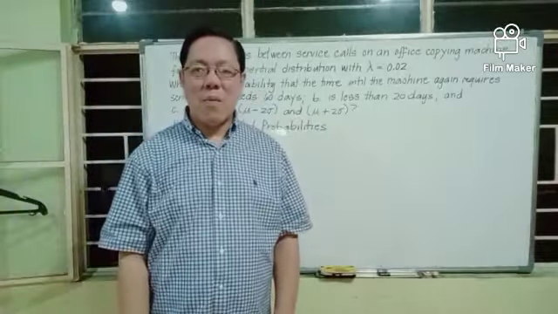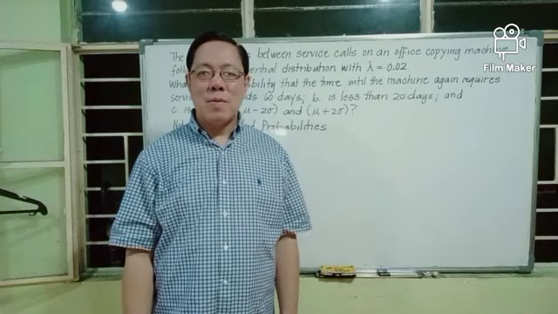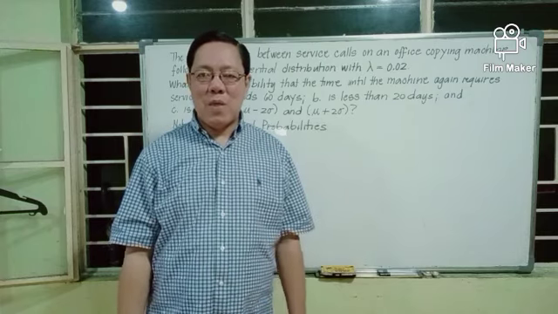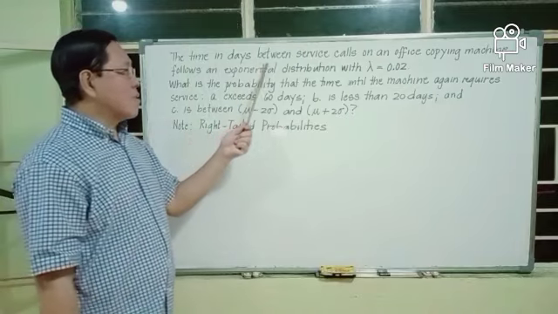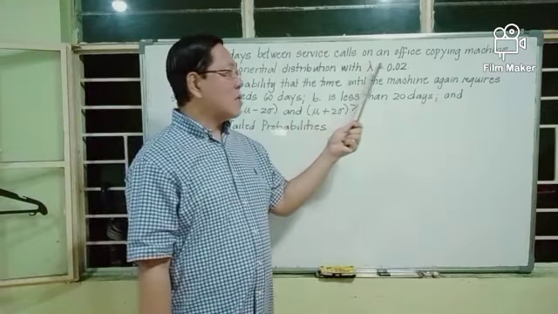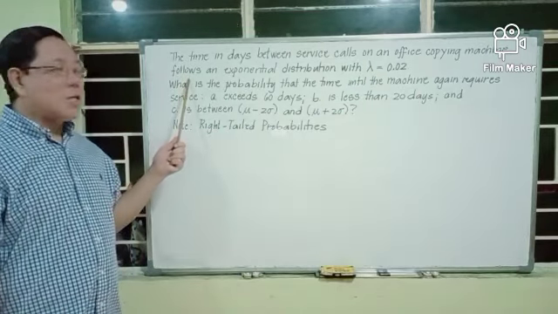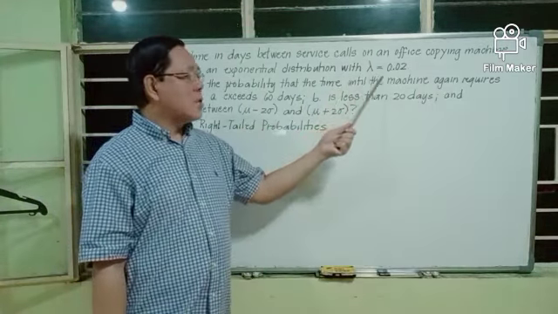For our example of using the exponential probability distribution for a continuous random variable, consider the following problem. The time in days between service calls on an office copying machine follows an exponential distribution with lambda equals 0.02.